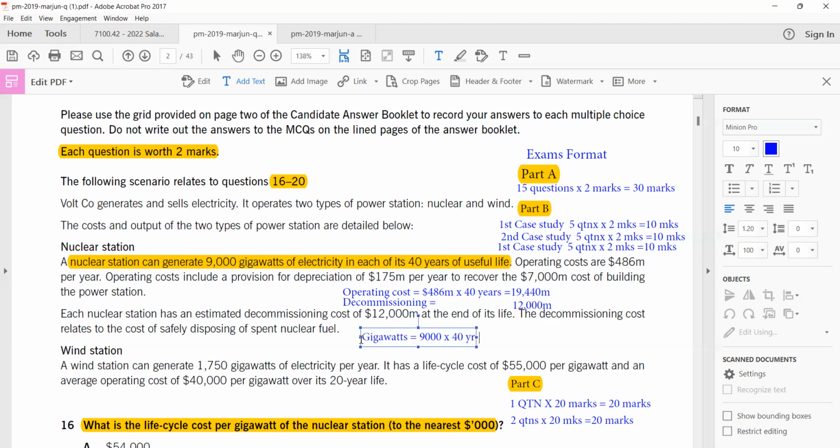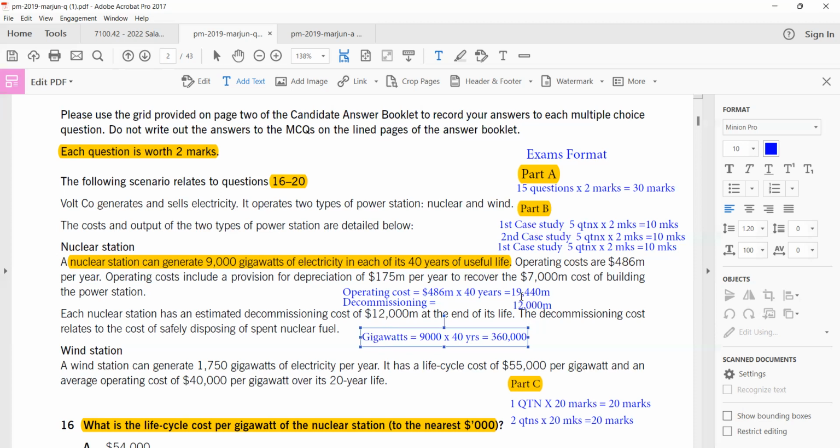And that will give us barely 360,000. Then we are going to estimate the life cycle cost per unit.